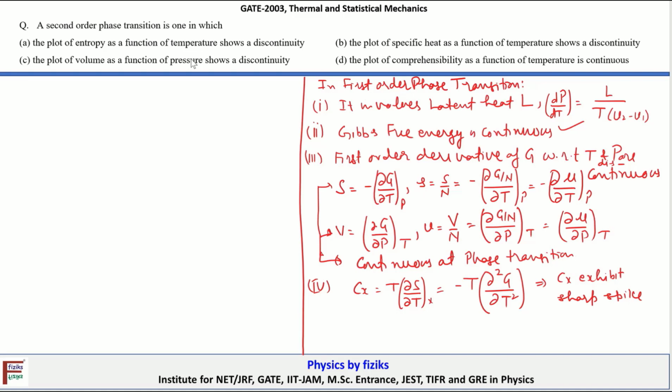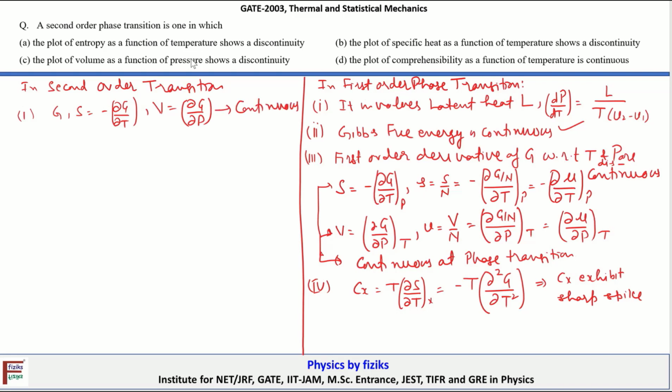Now regarding the second order transition. In a second order transition, G, S equal to minus dG/dT, and also V equal to dG/dP, all these will be continuous, whereas the second order derivatives of G are discontinuous.